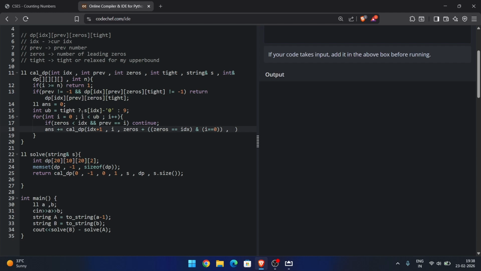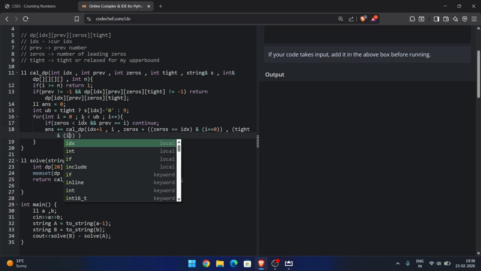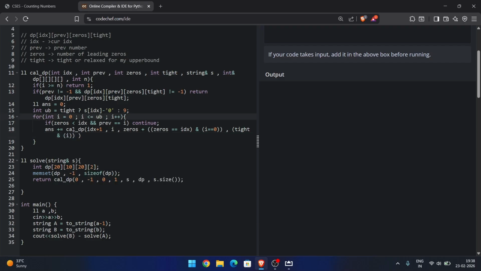Okay, now for tight, what should be the next condition for tight? If I is equal to upper bound, then only we are at tight. Okay, so next we'll just pass everything.